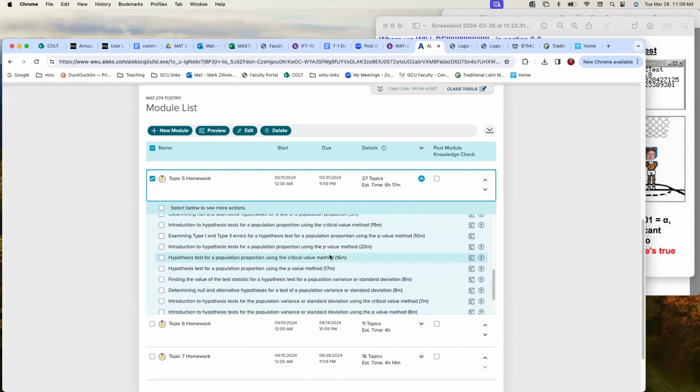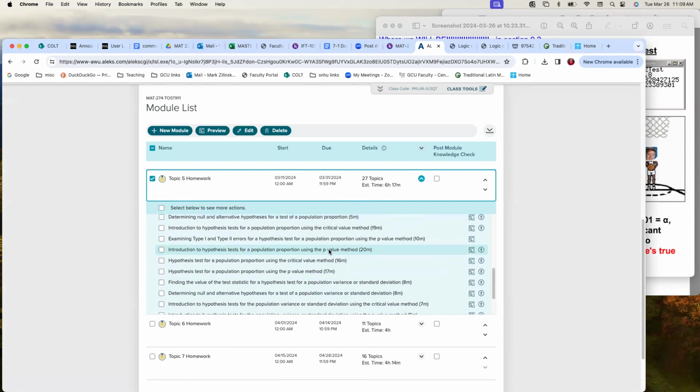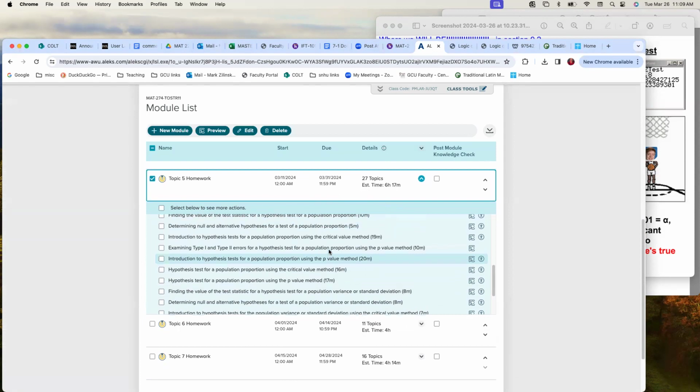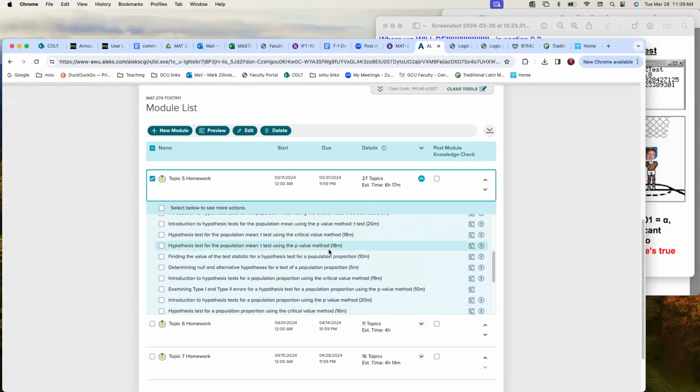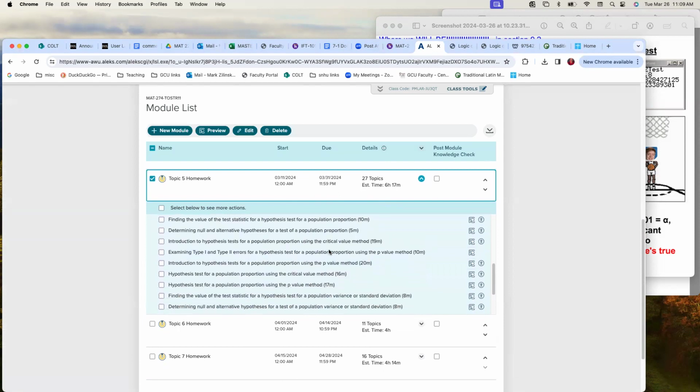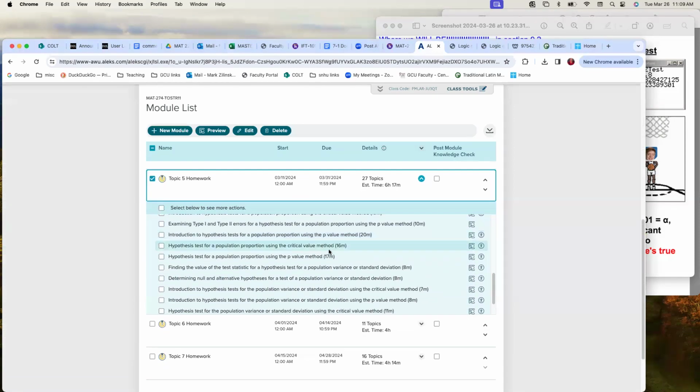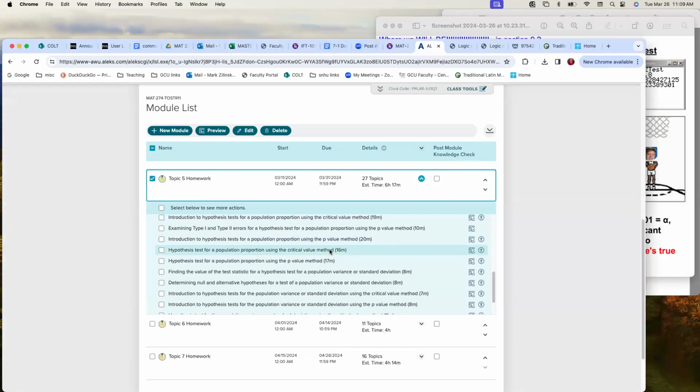Don't mind me while I'm talking to myself here. Introduction hypothesis for proportion using the p-value, and I want to do one here with the critical value. Okay, so if I could find one here. Oh, here we go.